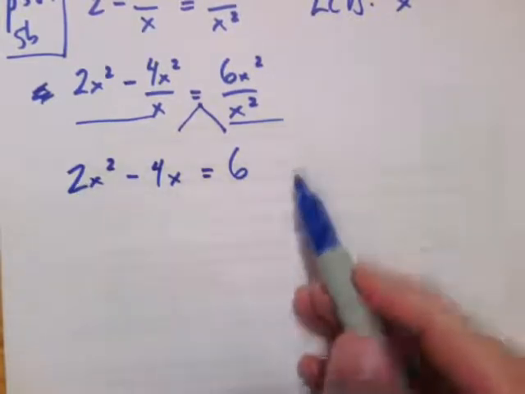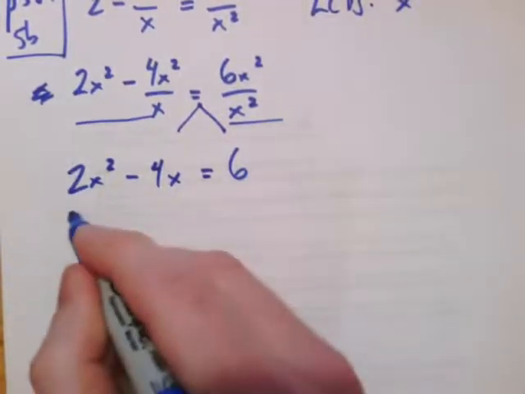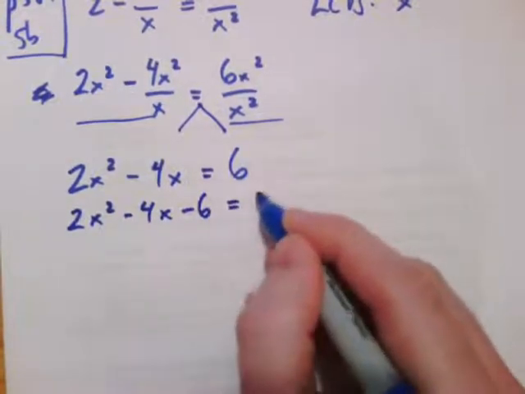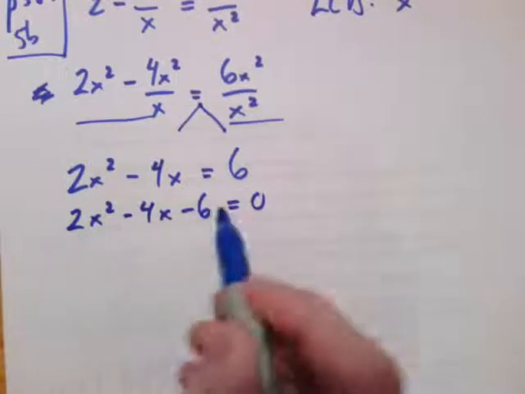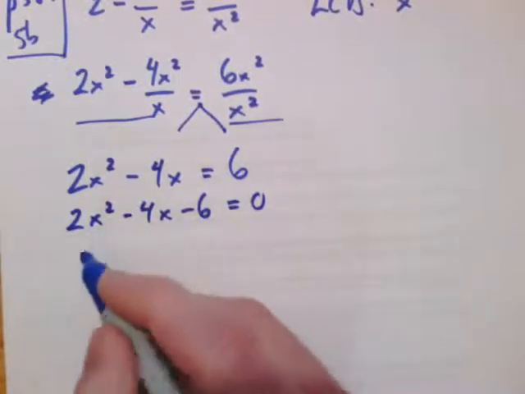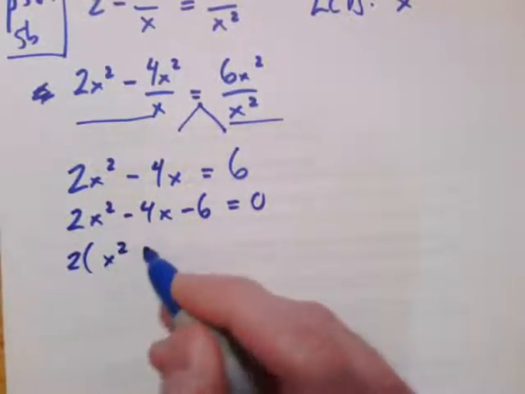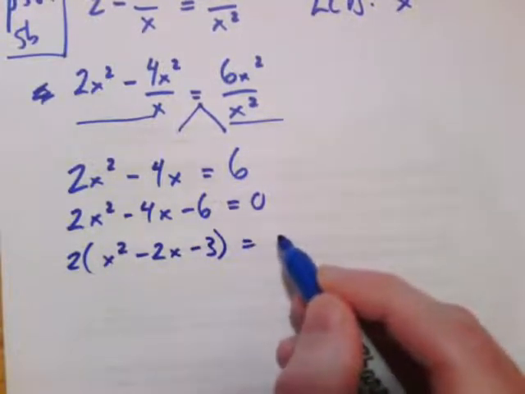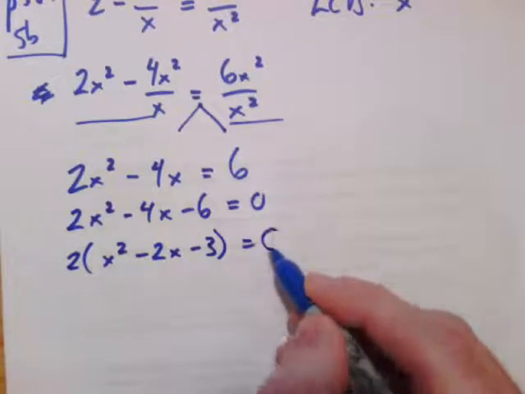But we've got this guy here, so I'm going to bring it this way. I'm going to subtract 6 from both sides. 2x squared minus 4x minus 6 equals 0. Factor this. Everything's even, so we can take a 2 out. 2 times x squared minus 2x minus 3 equals 0.